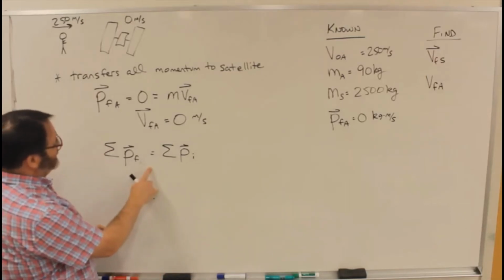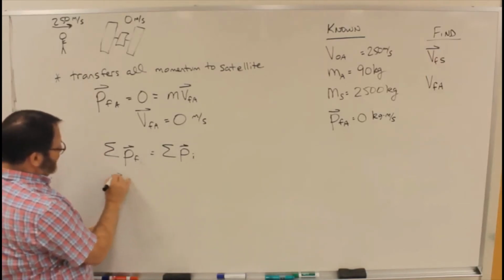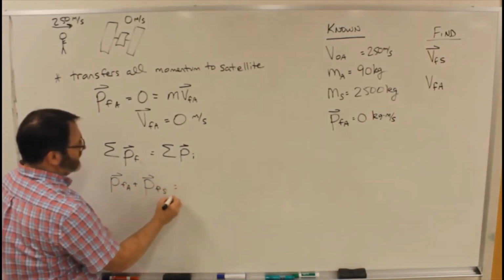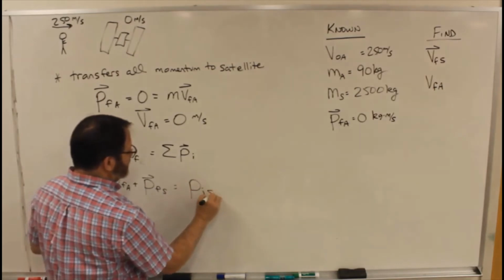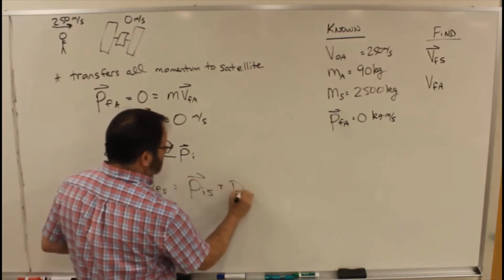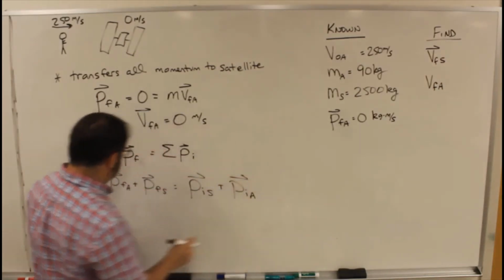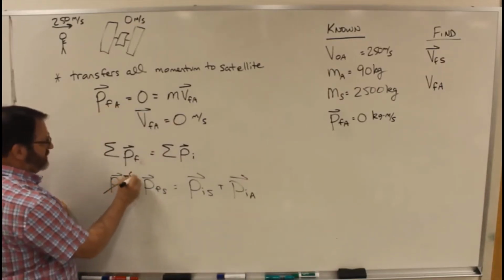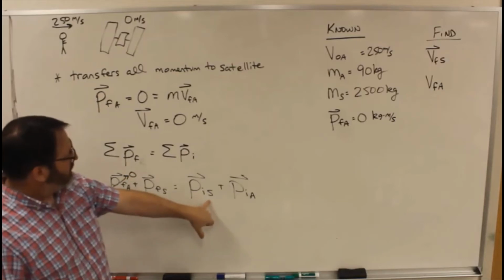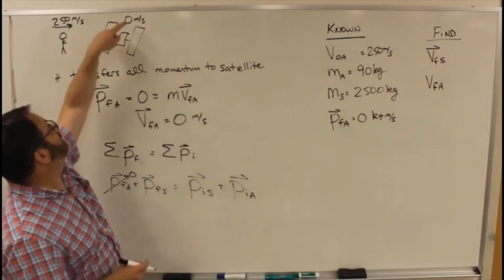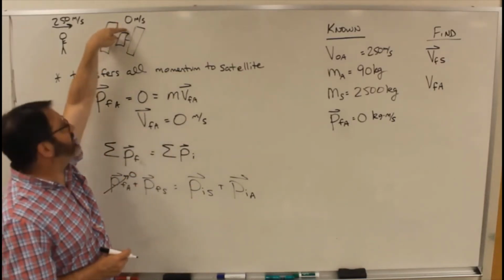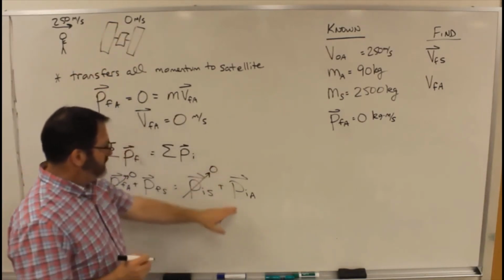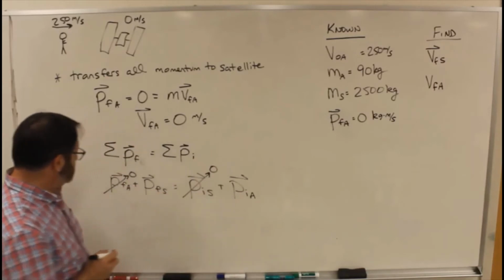So the sum of the finals, that's P final of the astronaut plus P final of the satellite, has to be P initial of the satellite plus P initial of the astronaut. P final of the astronaut, we've already been given, that's 0. P initial of the satellite, initially it's not moving, so 0. And P initial of the astronaut.